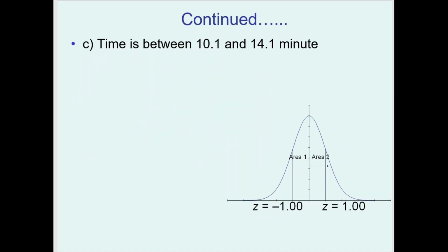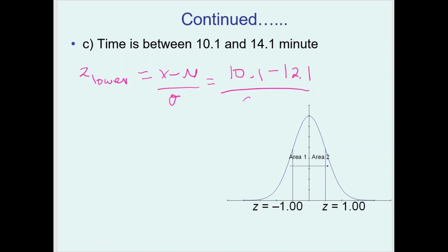Okay, for the next one, time is between 10.1 and 14.1. So now you want to know in between what z values. We put z lower, which is the smaller value. So we take x minus mu divided by standard deviation. It will be the lower one, 10.1 minus 12.1, divided by 2.